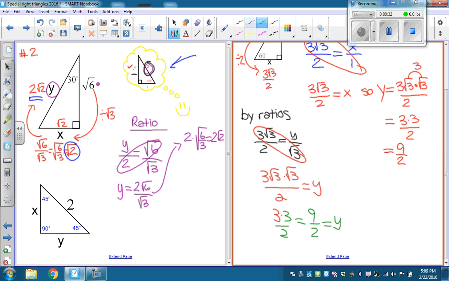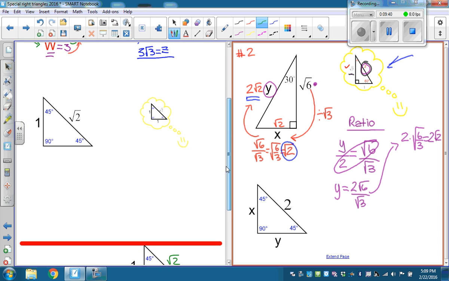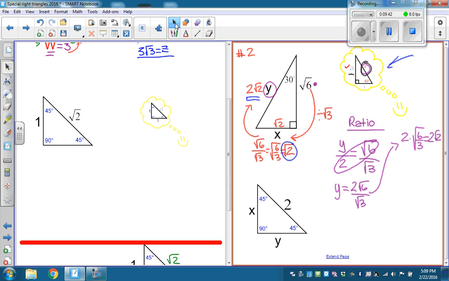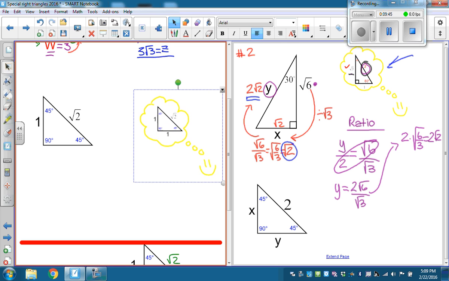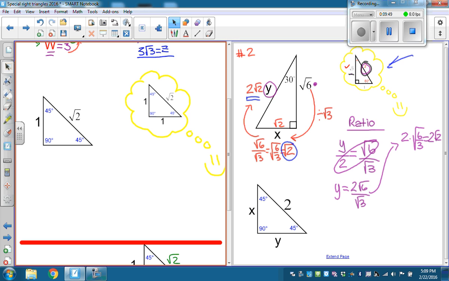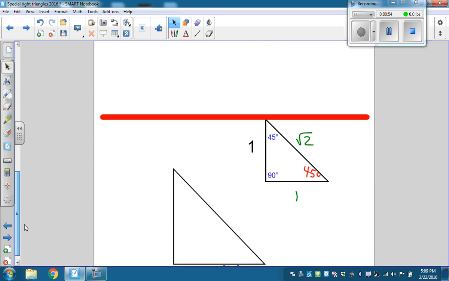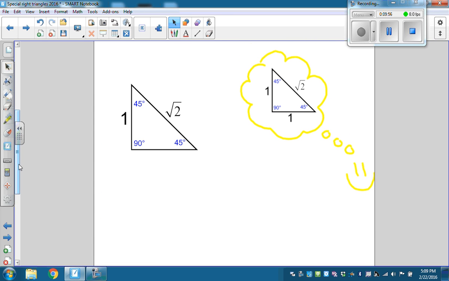We're going to back up and do a 45, 45, 90. So down here, you have the same idea, but now this is the triangle you have memorized, and you use this triangle because when you look at this picture here, right here, that's the triangle we want to memorize, so I have that twice.